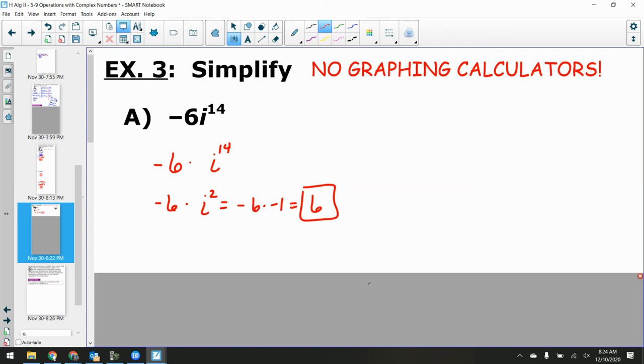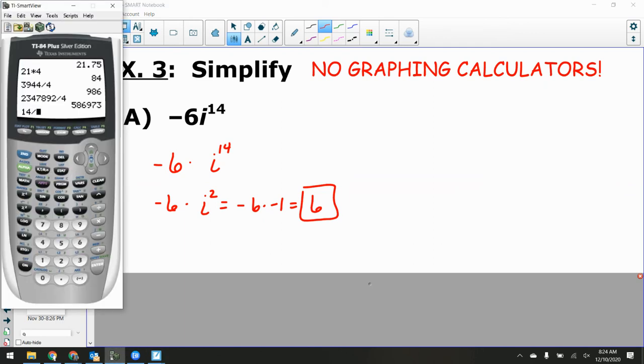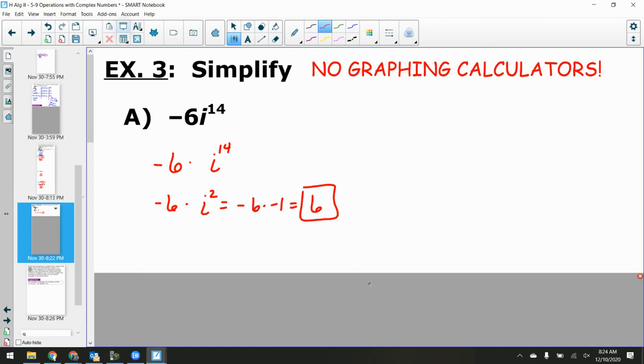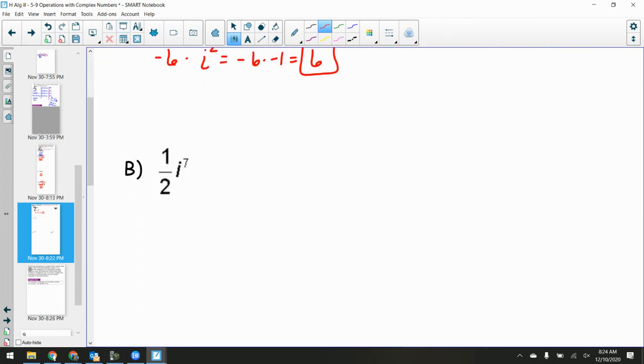How did I get there? I could have taken 14 divided by 4 in my calculator. It's 3.5, so 2 remainder. i squared is my power. Try that again. 1/2 i to the 7.